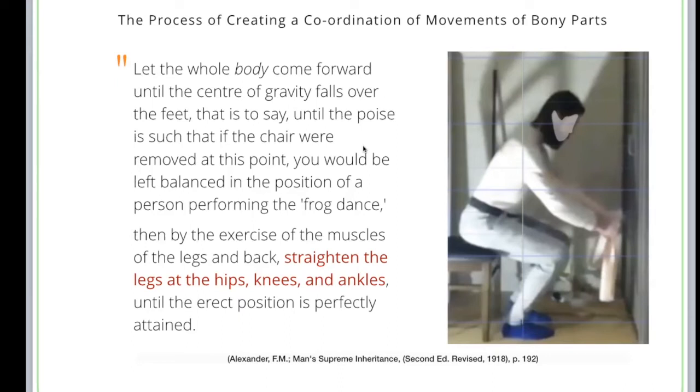Then, by the exercise of the muscles of the legs and back, straighten the legs and the hips, knees and ankle until the erect position is perfectly attained. So this is indicating that going back and lengthening by going back is more than just a saying; it represents a level, it represents a step.